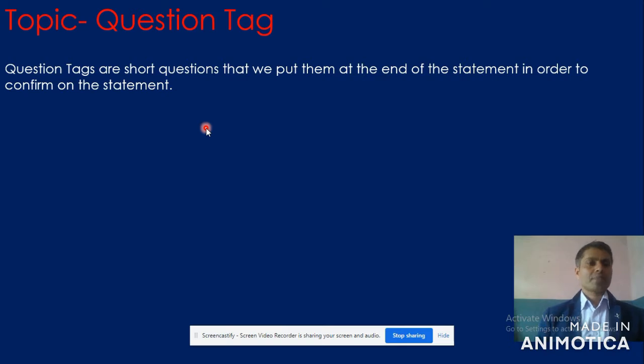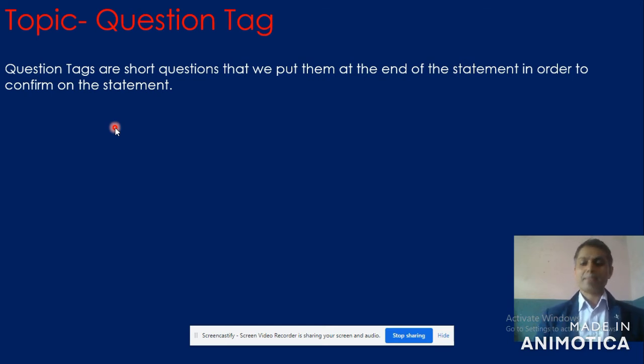Look here: question tags are short questions that we put at the end of a statement in order to confirm the statement. Whatever the statement is, given before the comma, later we have to put the question tag. It is for making confirmation on the previously told statement.